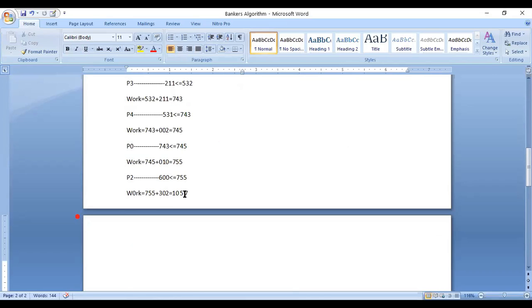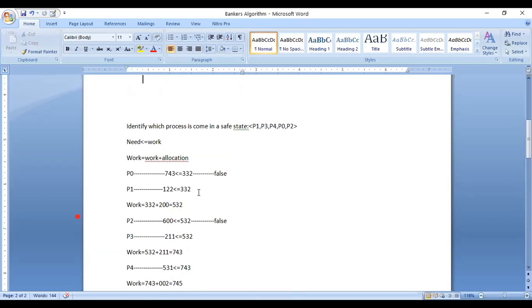The same resources are available at the end of executing all the processes and releasing those resources, that is 10, 5, 7. So the safe sequence for this process execution is first P1 is executed, later P3, later P4, P0 and P2. By executing the processes this way, we can avoid the deadlock. In this way we avoid the deadlock situation.